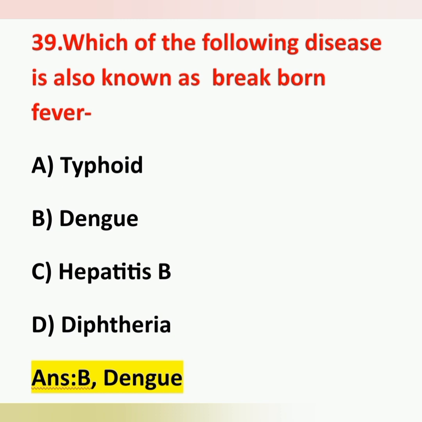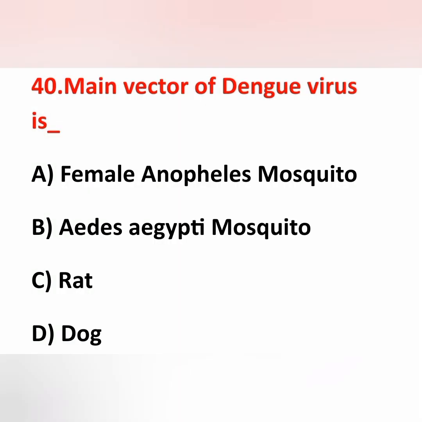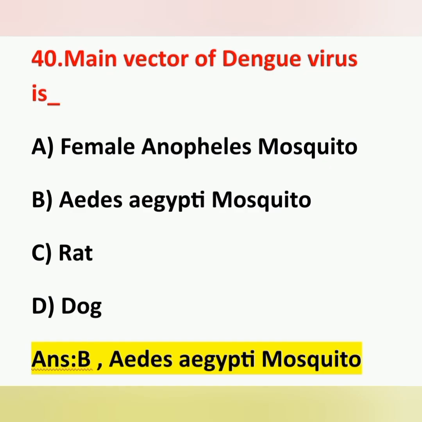And the next question, also the last question in this series, the main vector of dengue virus is option A female anopheles mosquito, option B Aedes aegypti mosquito, option C rat, option D dog. Correct answer is option B, Aedes aegypti mosquito is the vector of dengue virus.